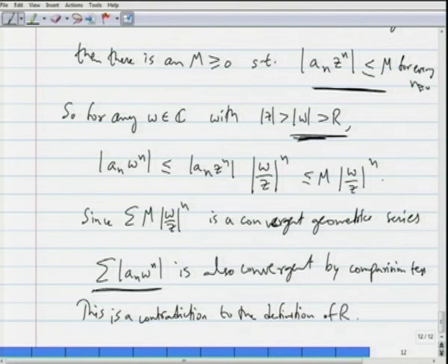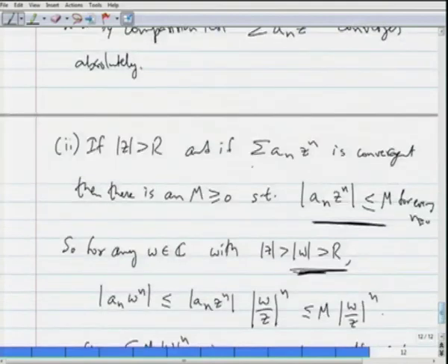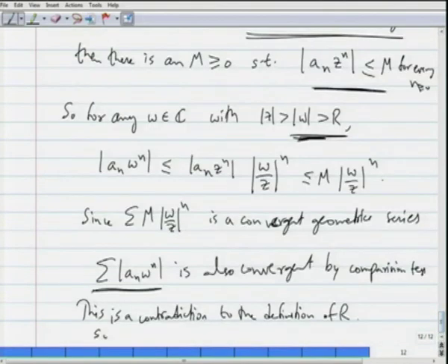What cannot happen? That this is convergent cannot happen. So, sigma a_n z^n is divergent for mod z greater than R.